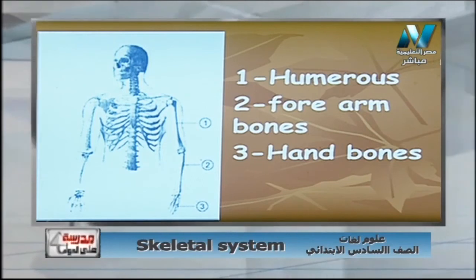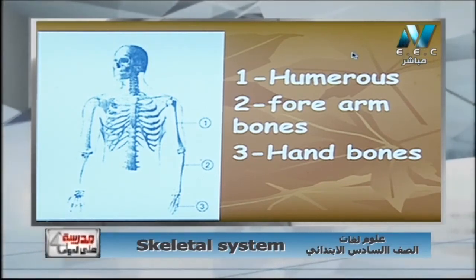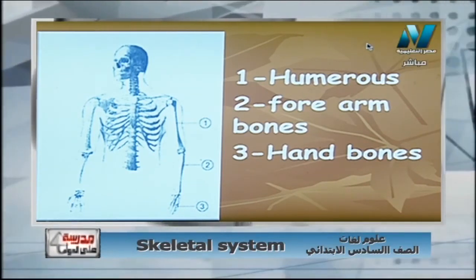And at last hand bones عظام اليد. يبقى ال upper limb consists of three main parts which are humerus, forearm bones and at last hand bones.